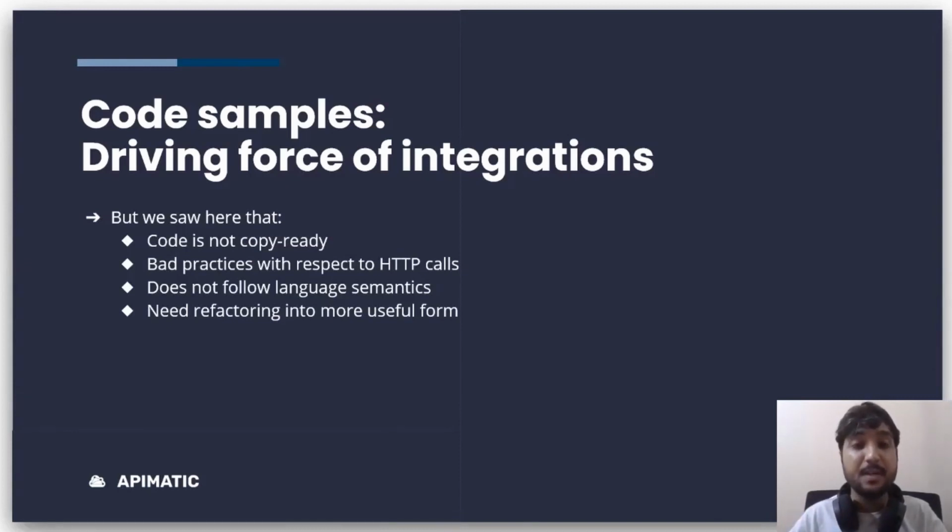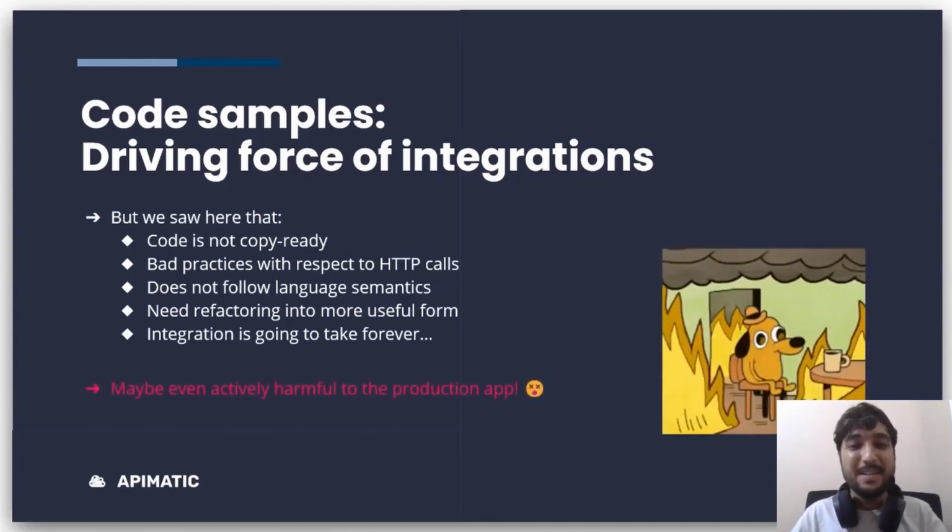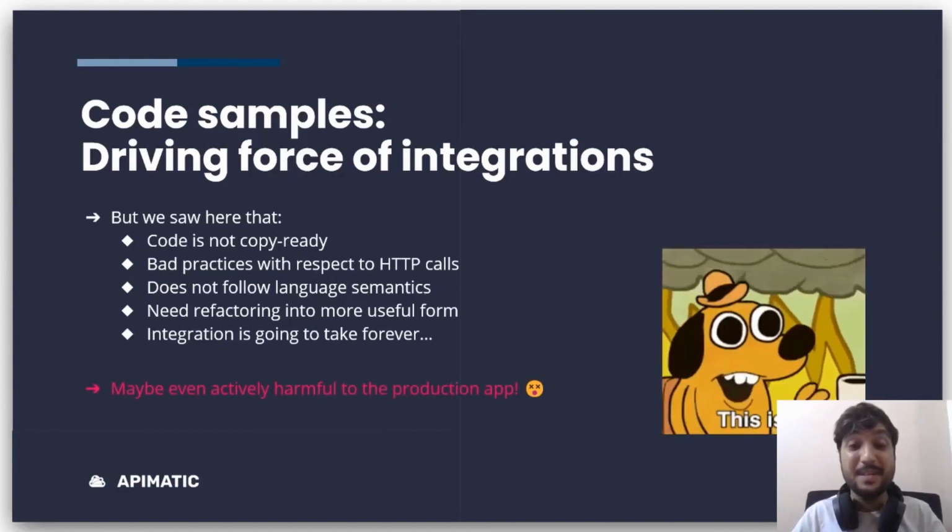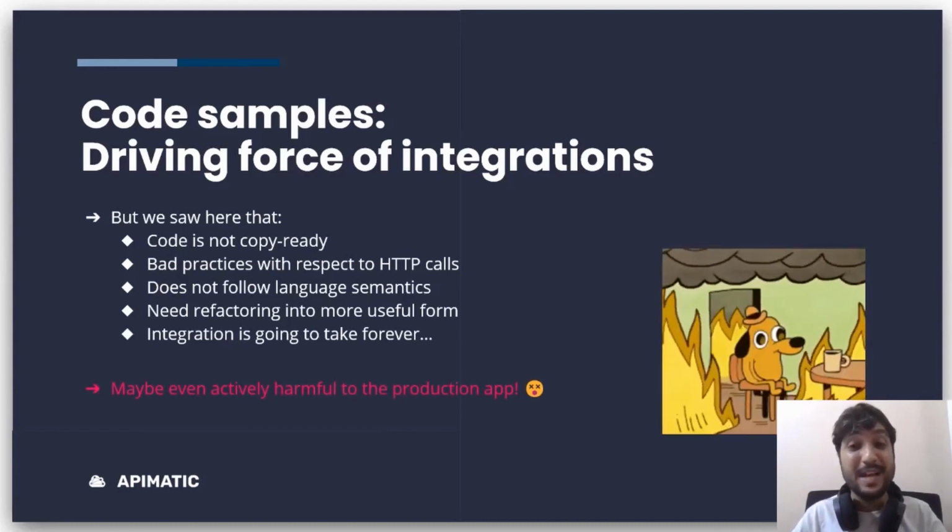You will probably have to write a wrapping library around these examples. This integration is going to take forever with the kind of issues that I'm looking at. And to make it worse, there are some cases where you can make the production application crash.